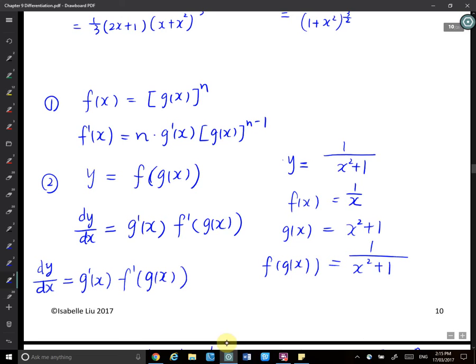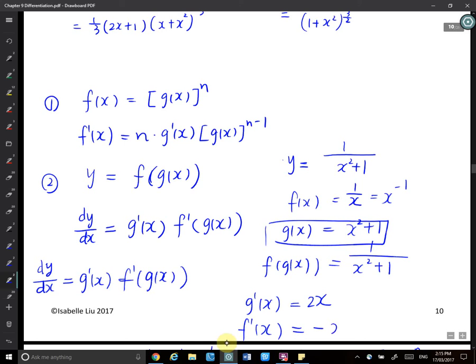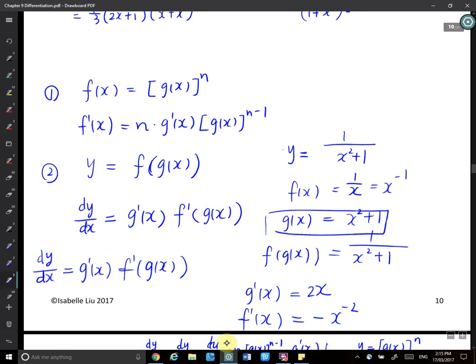Let's have a look at what g'(x) is. g'(x) will be 2x. So what is f'(x)? f(x) is x to the power of negative 1, so f'(x) is minus x to the power of negative 2, that equals negative 1 over x to the power of 2.